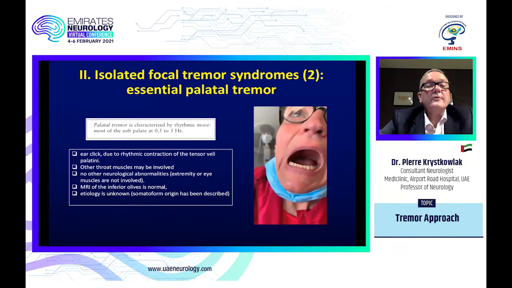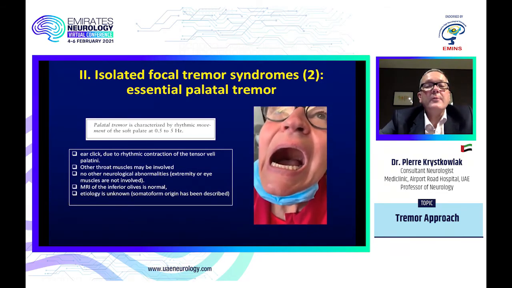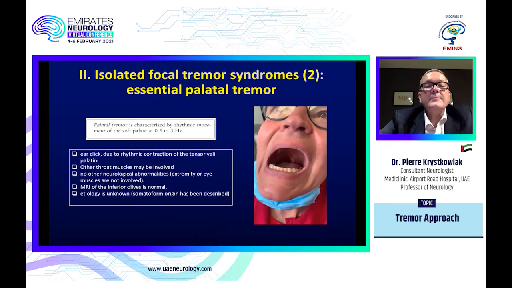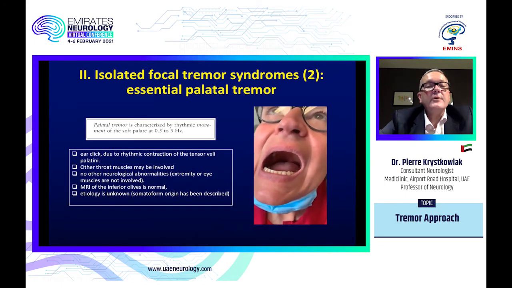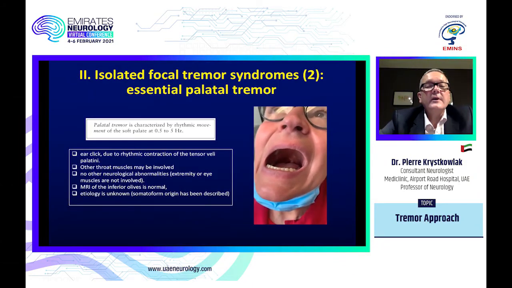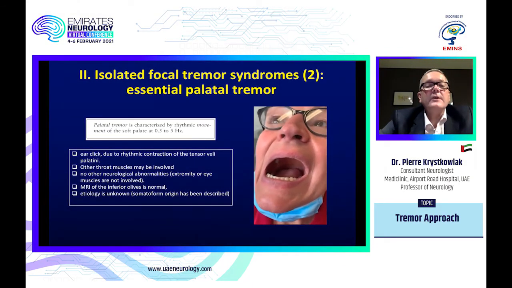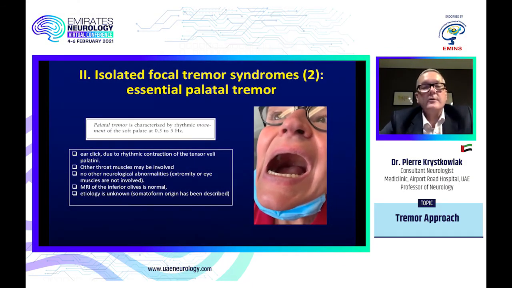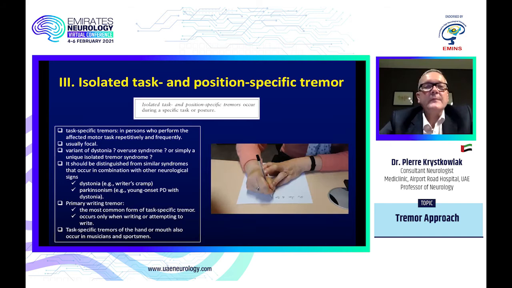Conversely, there are no other neurological abnormalities. I mean, the extremities or eye muscles are not involved. And the MRI of the inferior olives in the medulla oblongata is completely normal. The etiology is unknown, even though some somatoform, functional origin has been described.